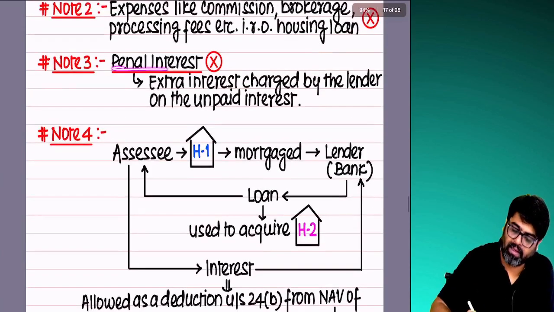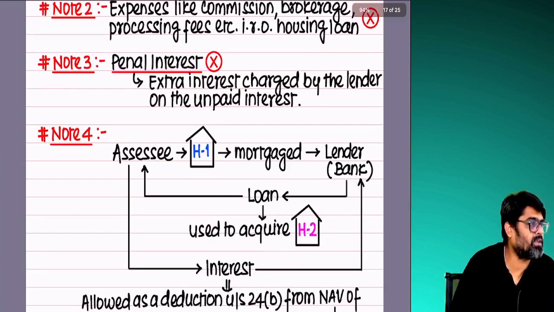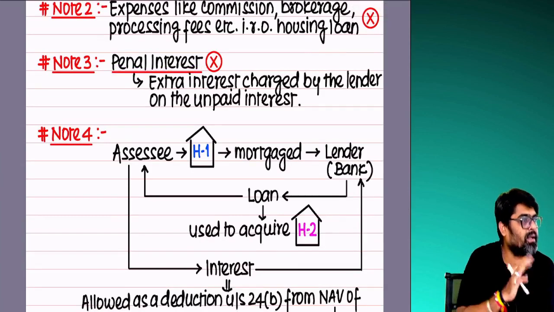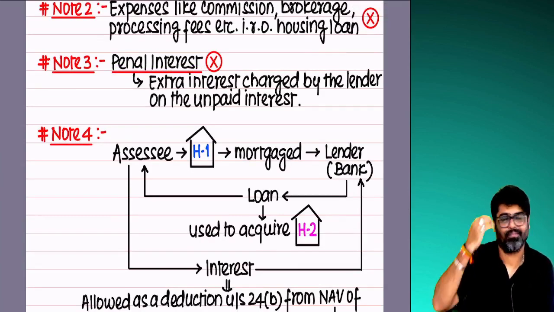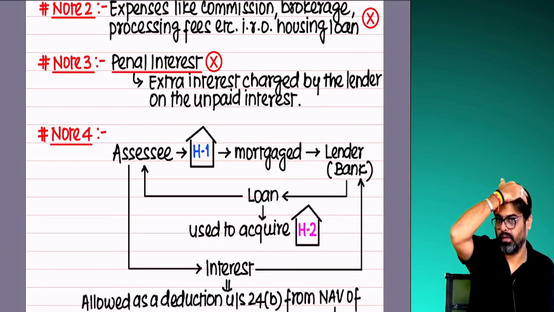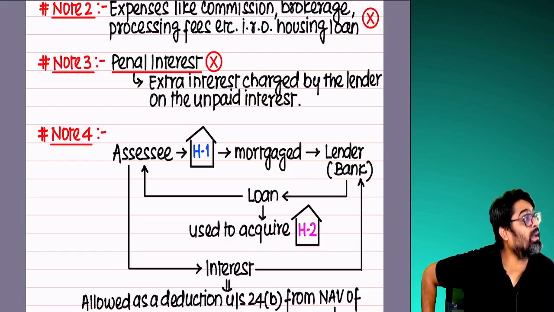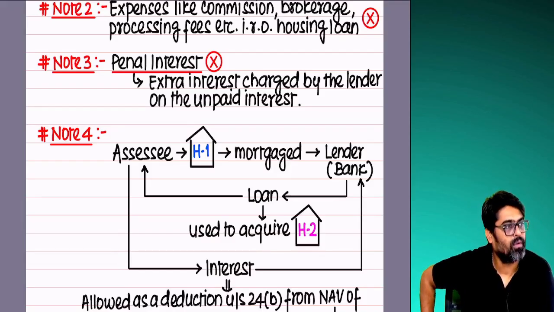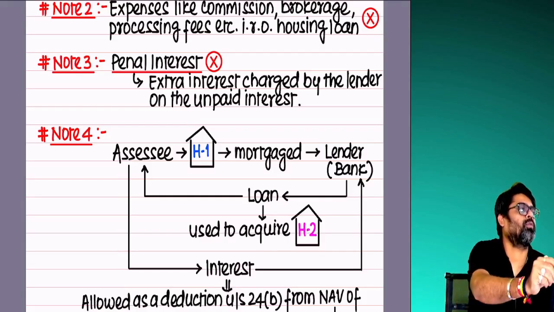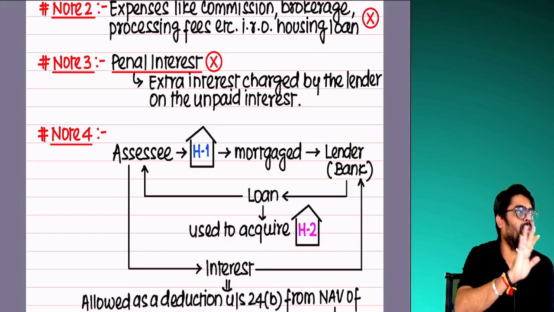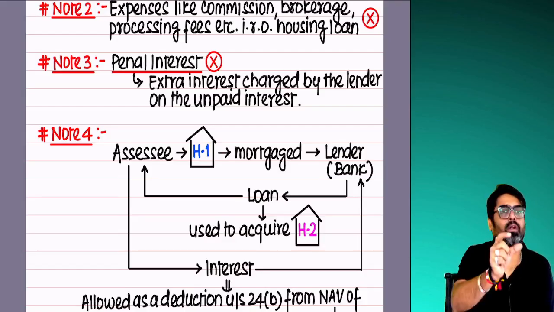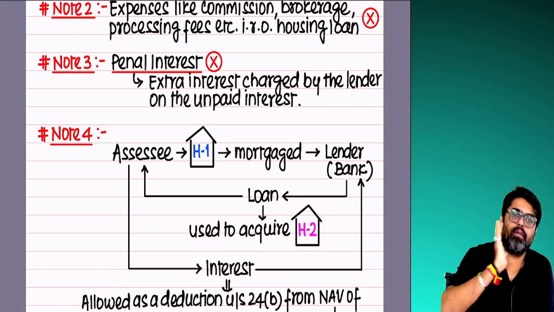Next one. Sometimes you pay penal interest also. Penal interest means what? It is interest on interest, interest charged by the lender if you delay in paying the interest to him. The lender told you that on 31st July you are supposed to pay your interest. What was the due date of payment of interest? 31st July.